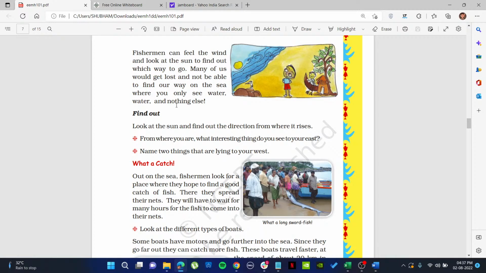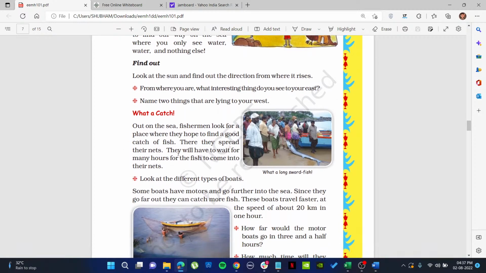Okay, let's find out some other thing. Look at the sun and find out the direction from where it rises. From where you are, what interesting thing do you see to your east?